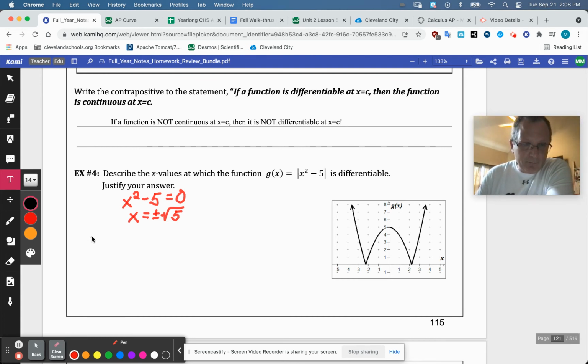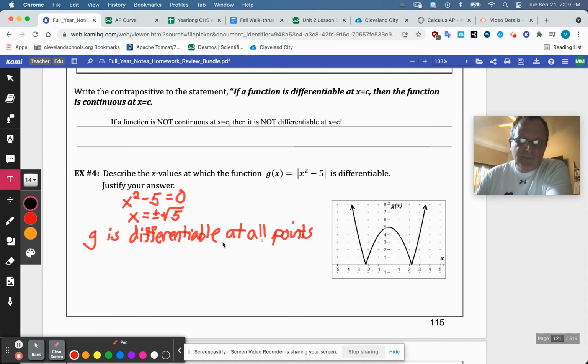G is differentiable at all points except x equals plus or minus the square root of 5.